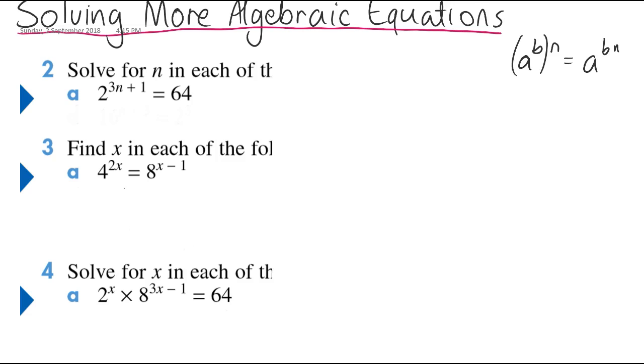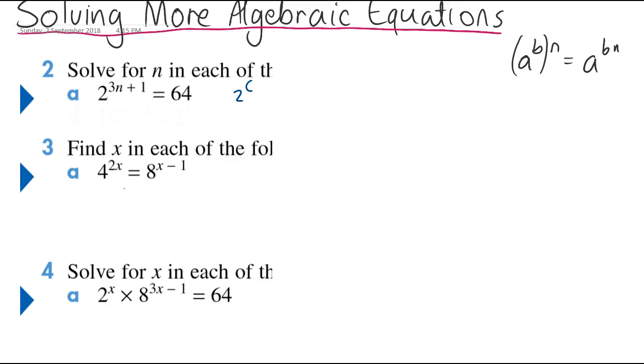Here I've got the power of 3n plus 1, and I've got to solve for n. My mission is to say n equals this. My first step is that I've got one thing to the power of 2 and a number 64. But I know that 64 equals 2 to the power of 6: 2, 4, 8, 16, 32, 64.